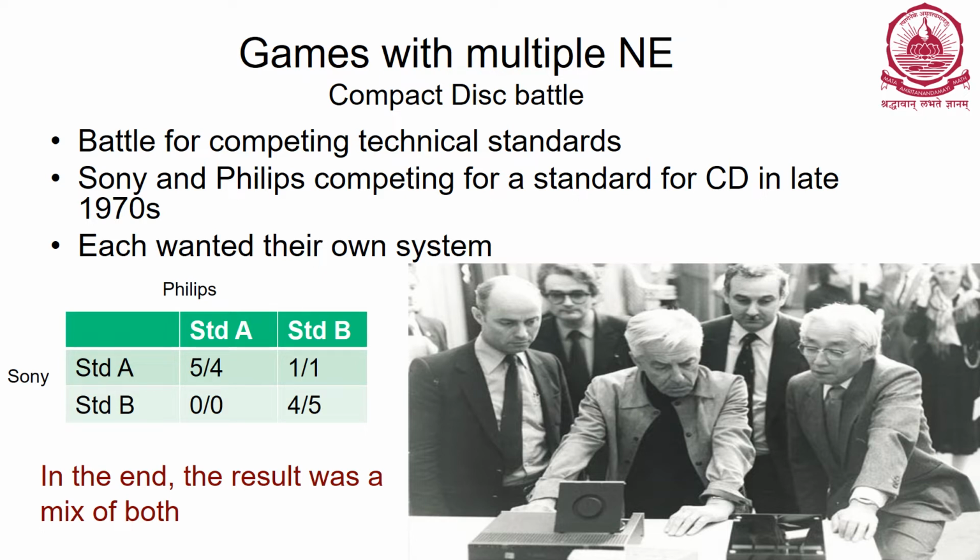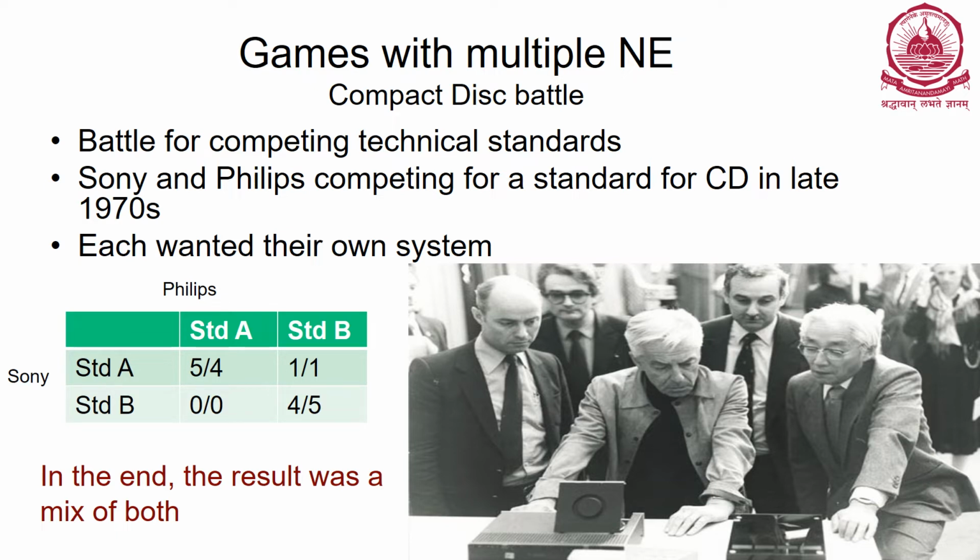So you see a sample matrix. If Sony and Philips both use standard A, standardization gives them some good benefit. So 5,4, and the 5 for Sony is because Sony is extra happy because it is their standard that came into effect.